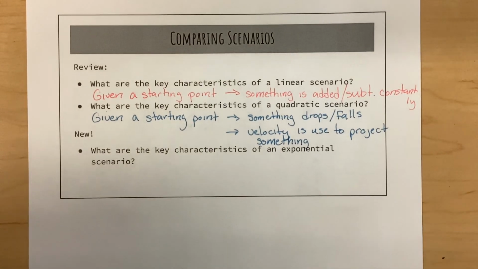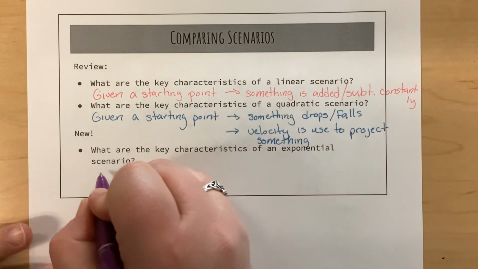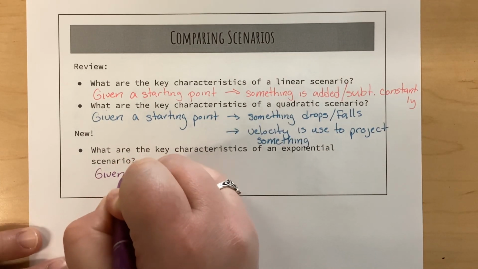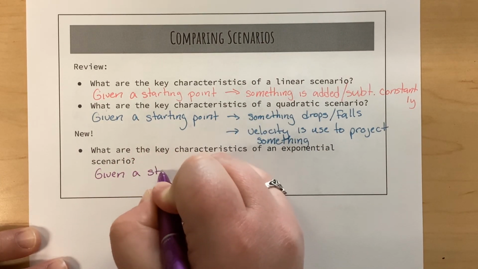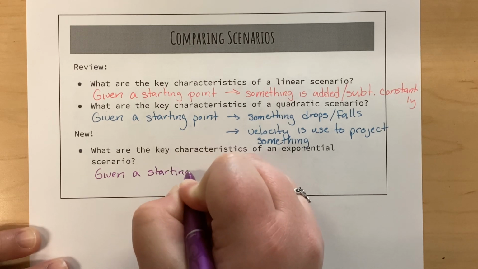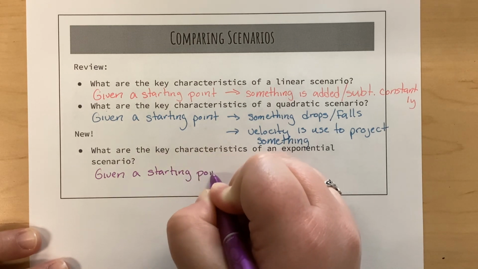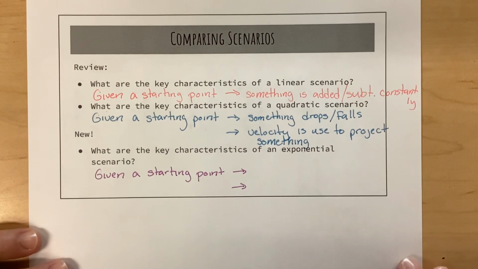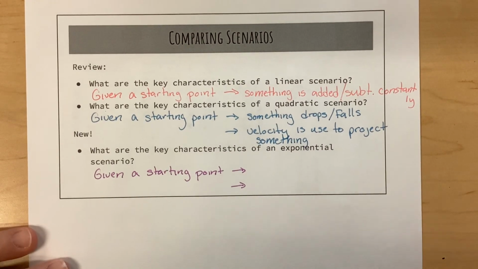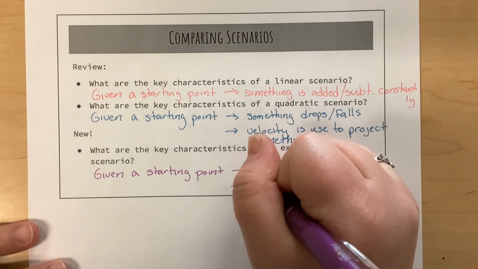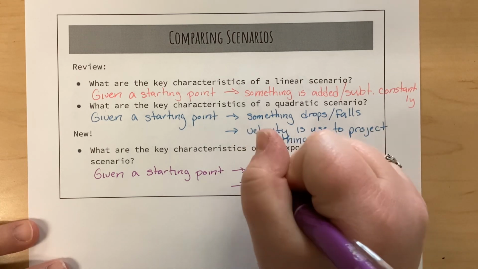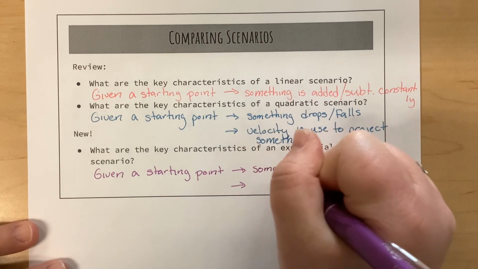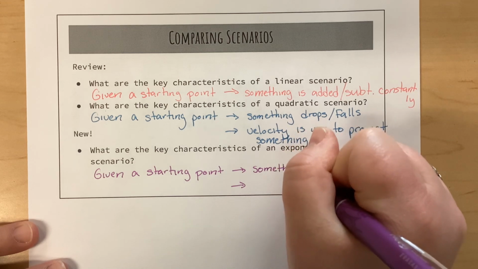Okay. Now, when it comes to exponential, you have a few things that could be occurring. So you're usually given a starting point. That's a common theme here. And one of two things will occur. If it is a simple exponential, something will double, triple, etc. That tells you that it's increasing quickly, or it could be decreasing.